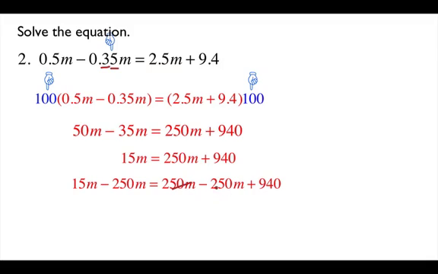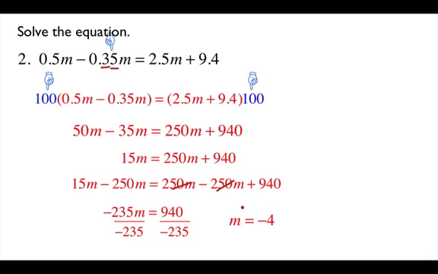Once I do that, these go away, and I'm left with negative 235m equals 940. At this point, they're multiplying, so I am going to divide by negative 235. Once I take care of this division, I have a positive and a negative. You pull out the calculator and you divide, and you end up with m equals negative 4.